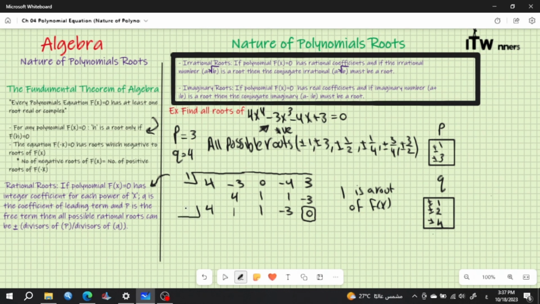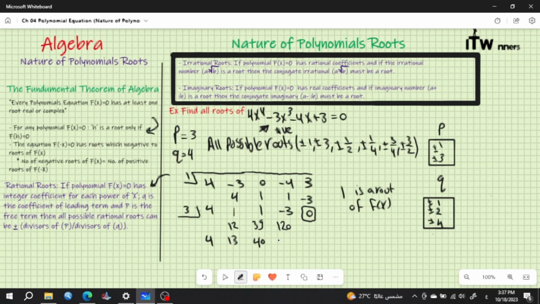Okay, let's continue with 3. So let's start. Here we have 4. 4 into 3 equal to 12. This 13. 13 into 3 equal to 39. Here we have 40. 40 into 3 equal to 120.